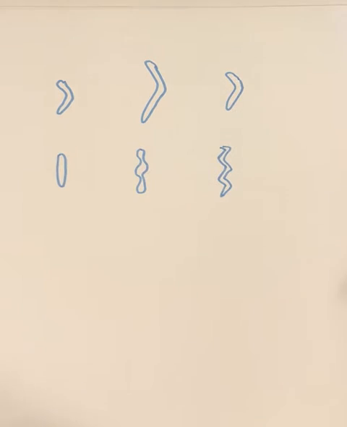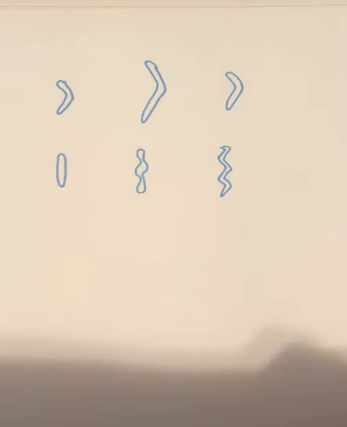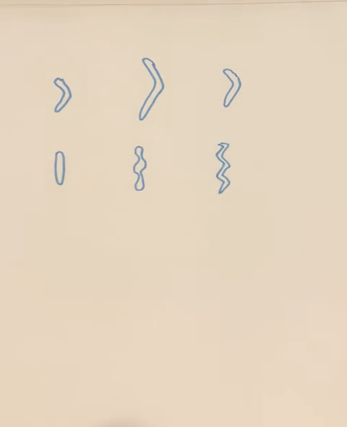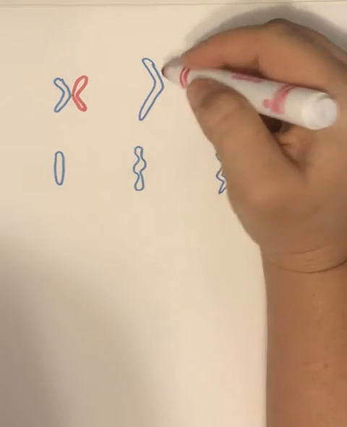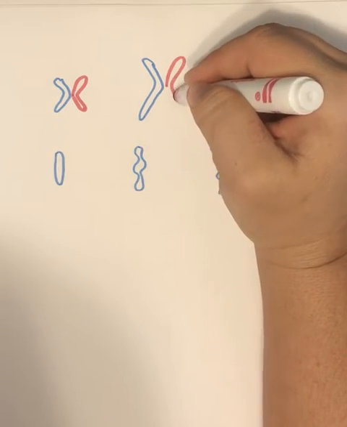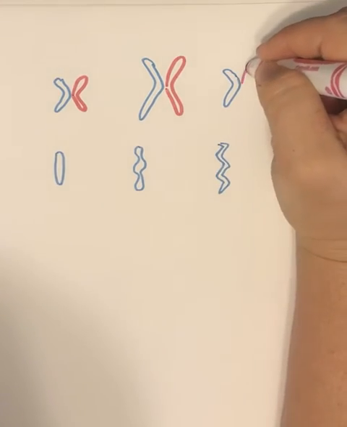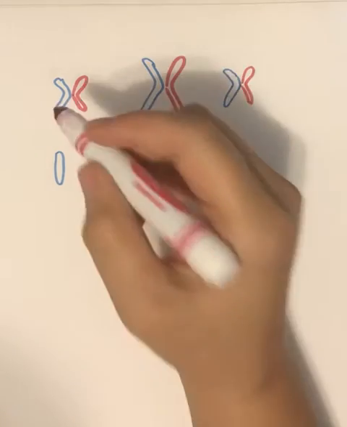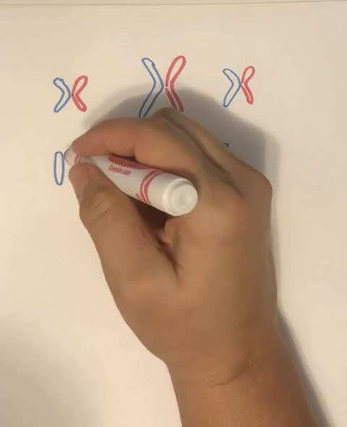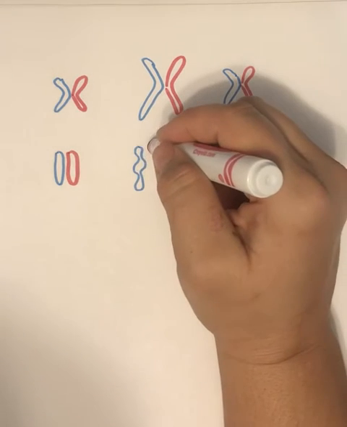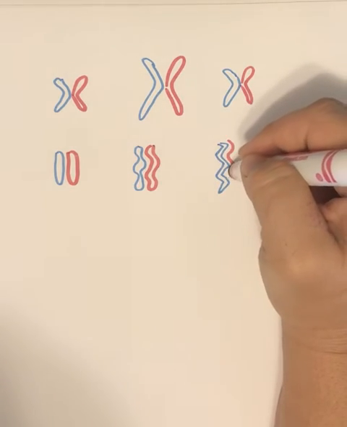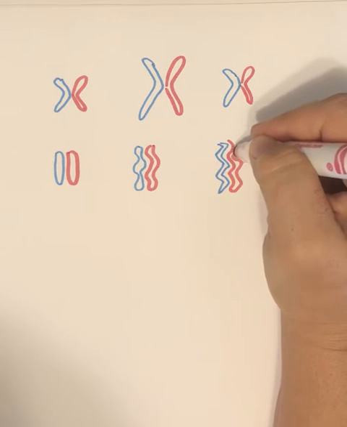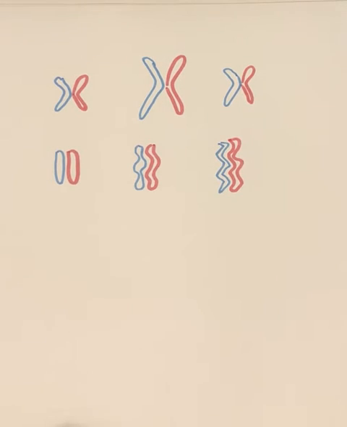So if this was what our chromosomes look like, your mom gave the same chromosomes and they would pair up. You have this one, your mom's is going to pair up with this. These are all homologous chromosomes. You have one set from dad and one set from mom, and they pair together like socks. Homologous chromosomes: same size, same shape, one set from mom, one set from dad.